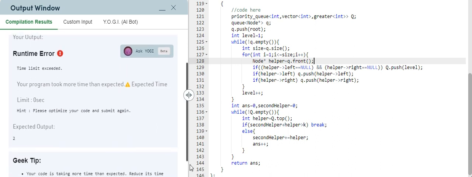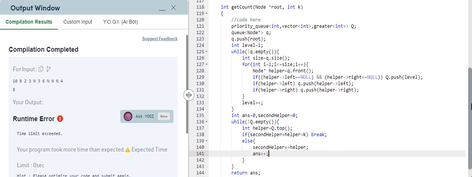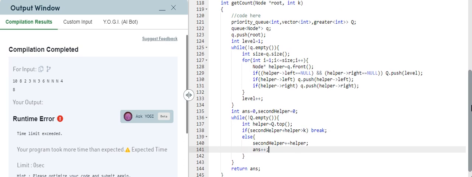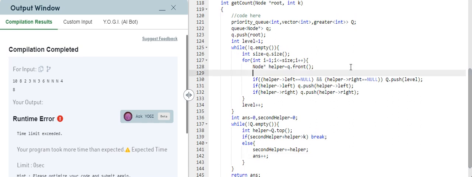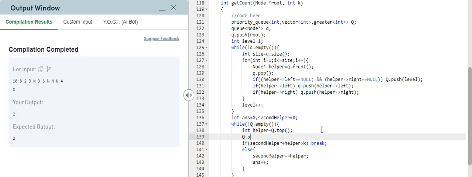Again it shows me time limit. Okay, so how can we handle this? Let's try to see what we can minimize. Yes, here we forgot the popping, this q dot pop, and here we also forgot to pop, this q dot pop.